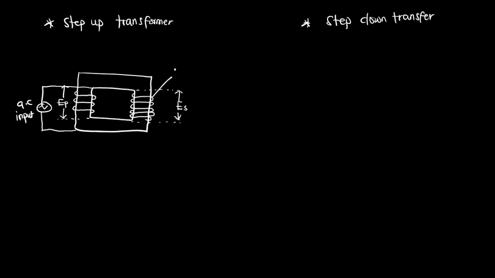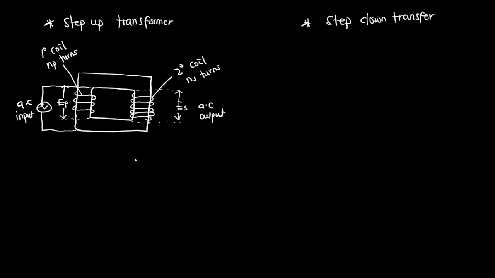We say this coil is our secondary coil, which has NS turns. And this part is our primary coil, which has NP turns. And this is our AC output, where our output is going to be.